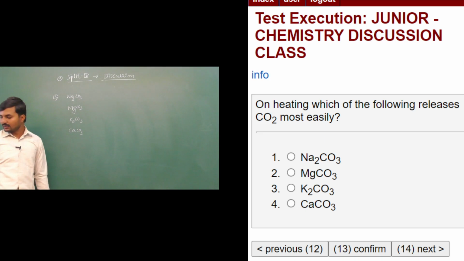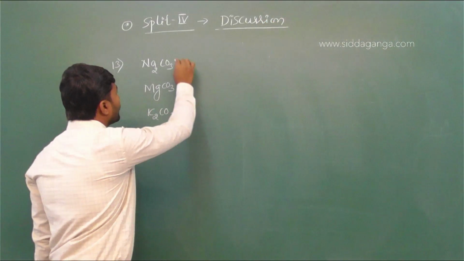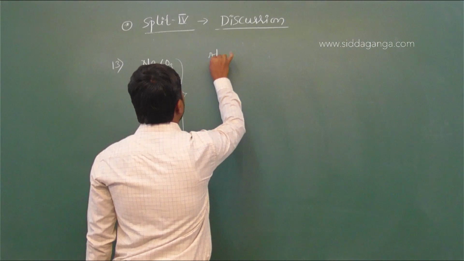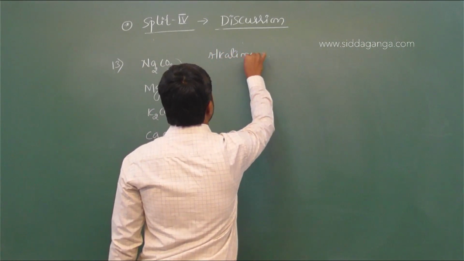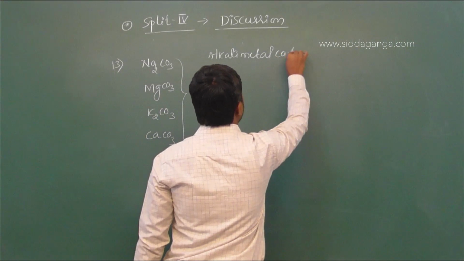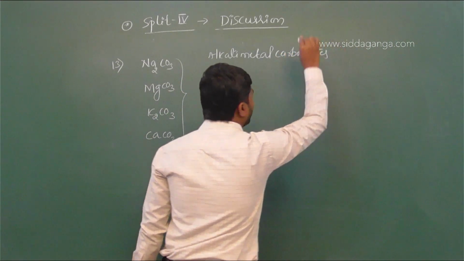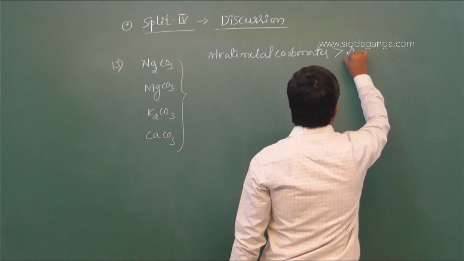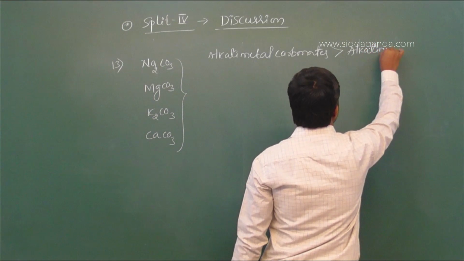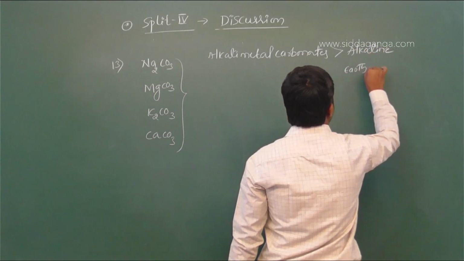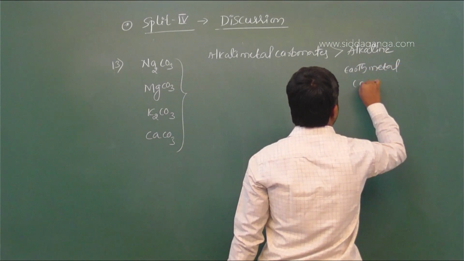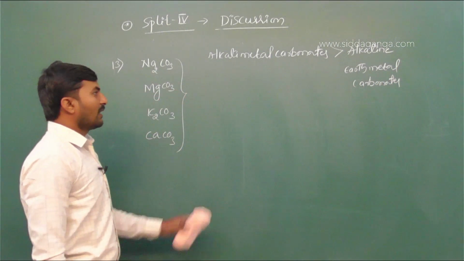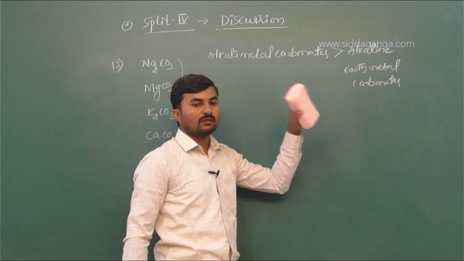By looking into these carbonates, one thing we must know is that alkali metal carbonates are more stable than alkaline earth metal carbonates.